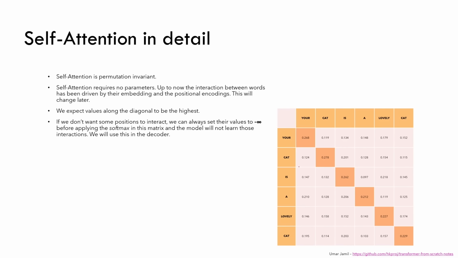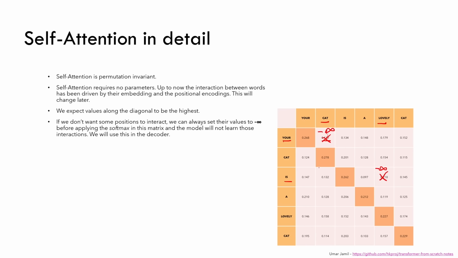And there is another property of this matrix. Before we apply the softmax, suppose we don't want the word your and cat to interact with each other, or we don't want the word, let's say, is and lovely to interact with each other. What we can do is, before we apply the softmax, replace this value with minus infinity, and also this value with minus infinity.